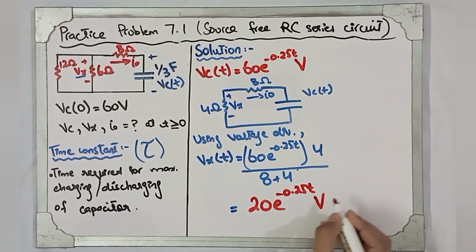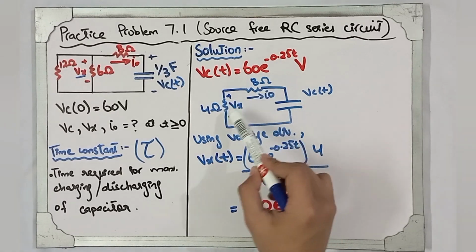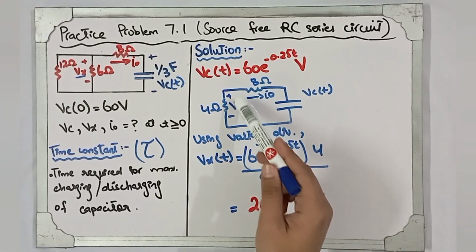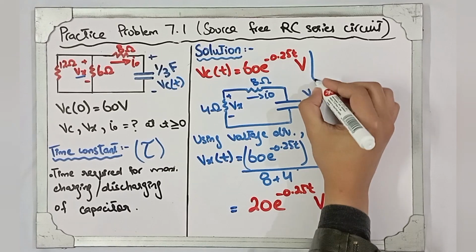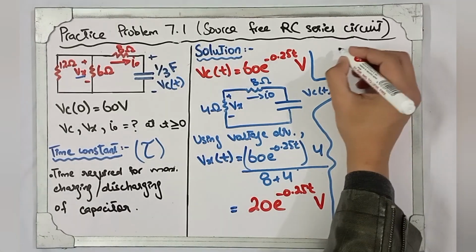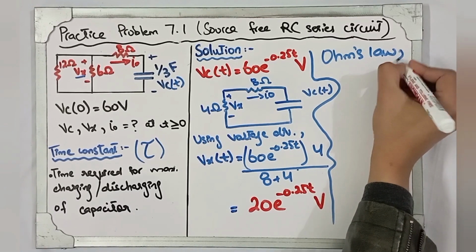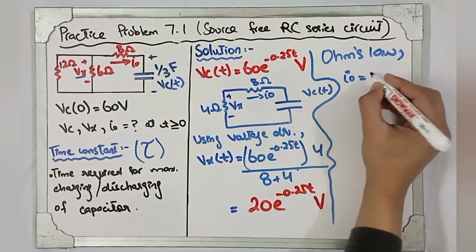Now the only thing remaining is the value of I naught. We can simply find it by applying Ohm's law, because you can see that the circuit is now in series form, right? And the current flowing through it is I naught, so we can apply Ohm's law on the 4 ohm resistor and find I naught. So using Ohm's law on the 4 ohm resistor, I naught will be equal to Vx divided by 4, right?